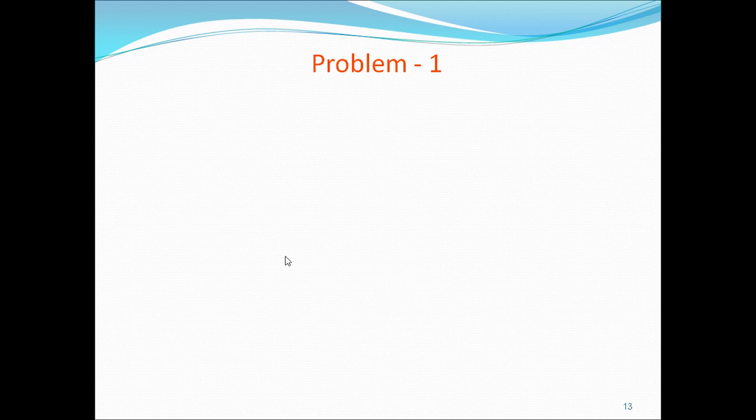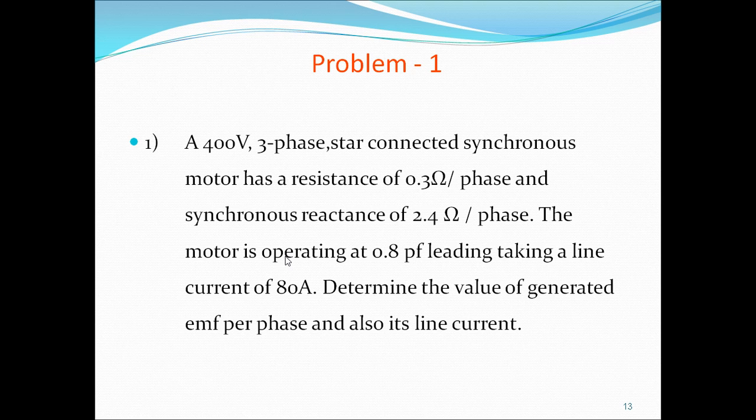Next, we will do one problem on this. So what is the problem? Note down the problem. A 400 volts, three phase, star connected synchronous motor has a resistance of 0.3 ohms per phase and synchronous reactance of 2.4 ohms per phase.